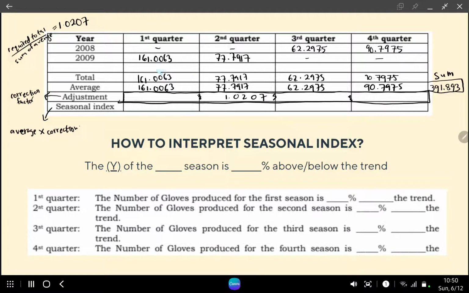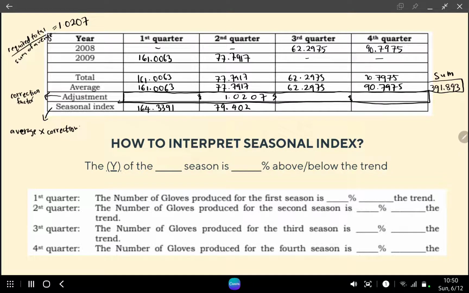Here in the first quarter, our average is 161.0063, multiplied with our correction factor, which is 1.0207. So our new seasonal index for the first quarter is 164.3391. Then we calculate for the second quarter: 77.7917 multiplied with the correction factor. The new seasonal index for the second quarter is 79.402.